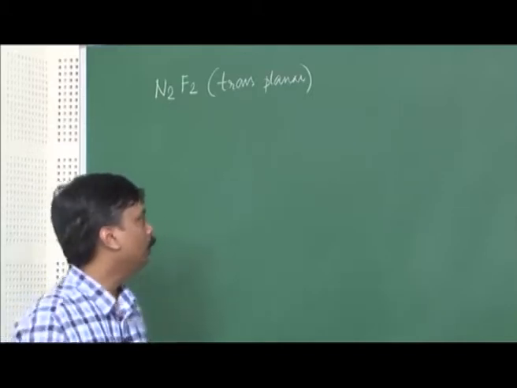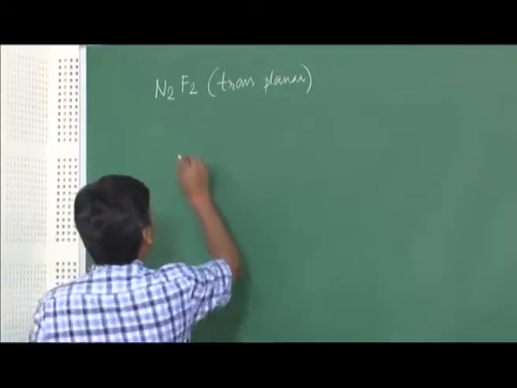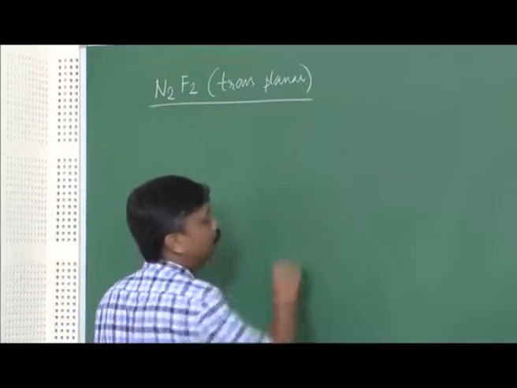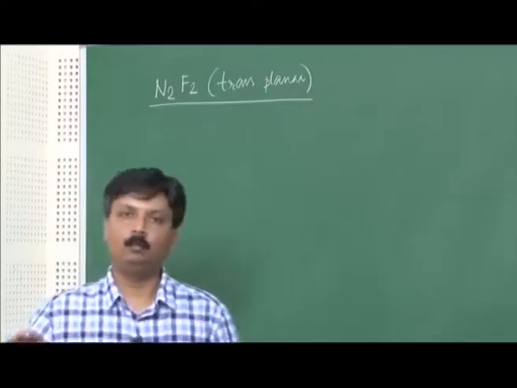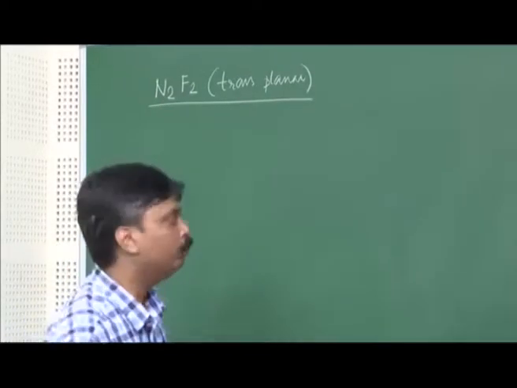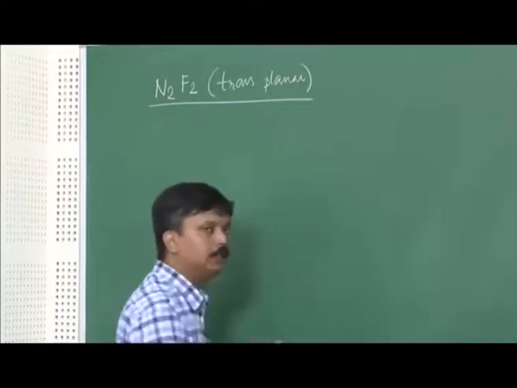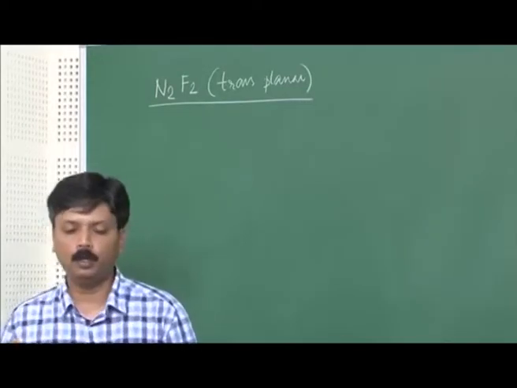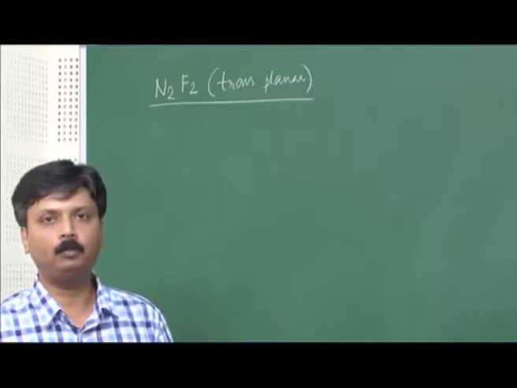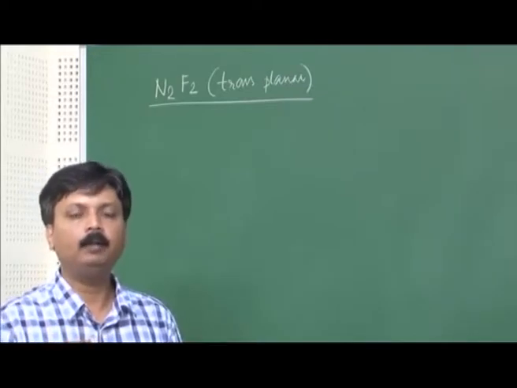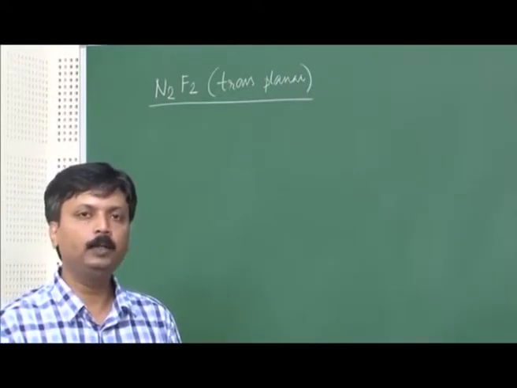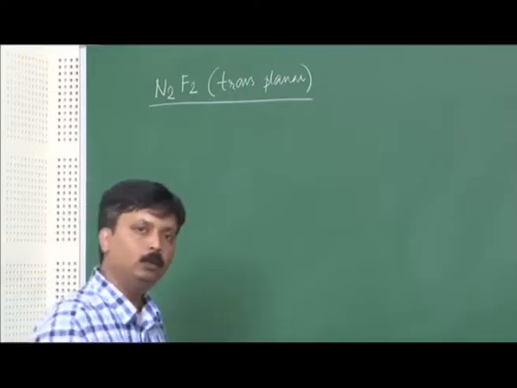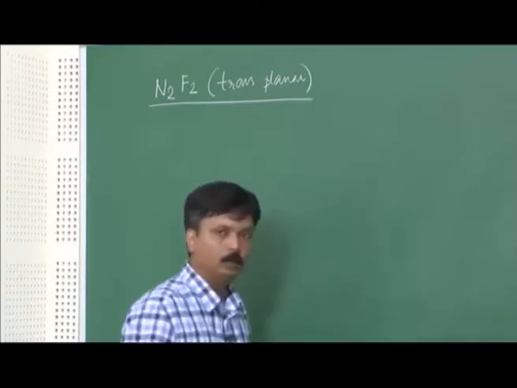As usual, this particular example will take you through many of the steps that we have learned so far. Each and every example that we discuss here gives you a recap of whatever we have learned, and every time something is added to it, so that you get an overall idea of what we can do with symmetry and group theory.